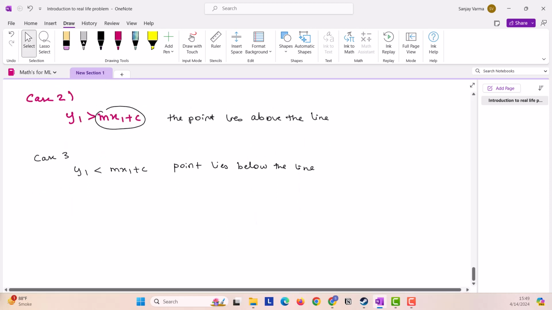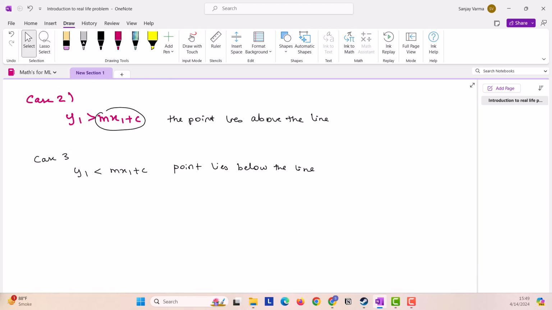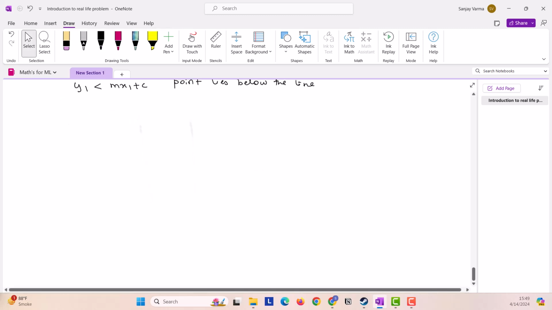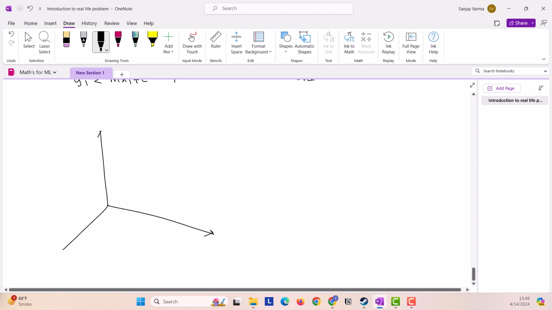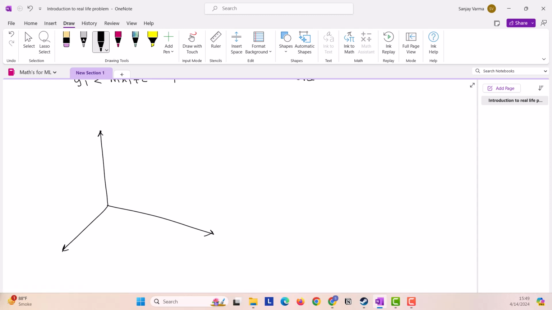This was an example for two features. What will happen when there are more than two features? In that case, we'll have three-dimensional space, and the separator will be a plane instead of a line. What I mean by that is, let's say we have three dimensions, and some points are here and some points are here.